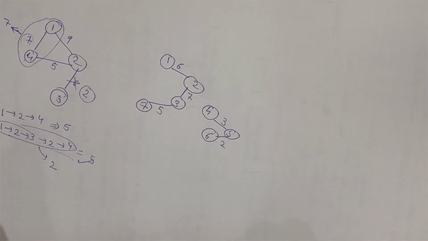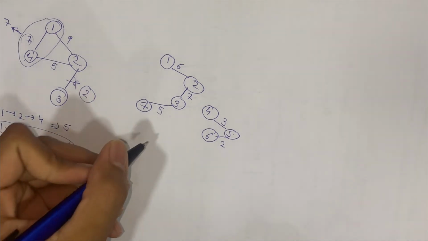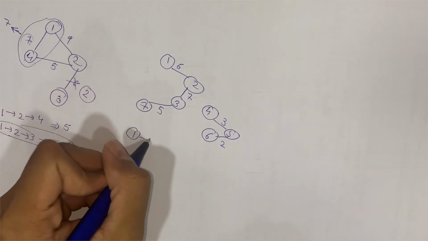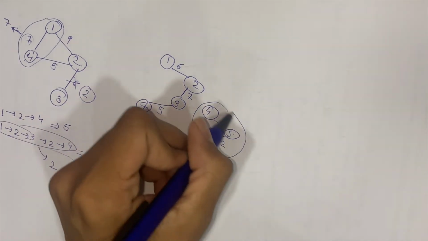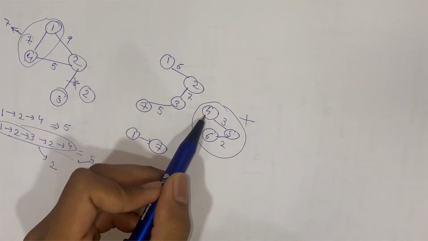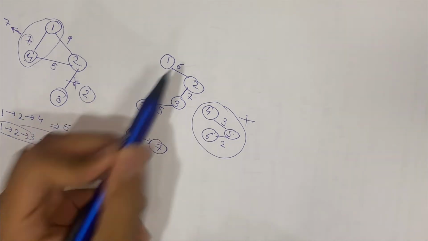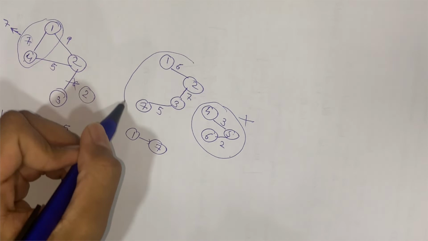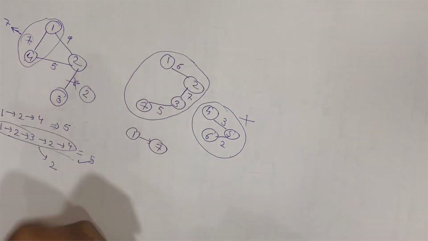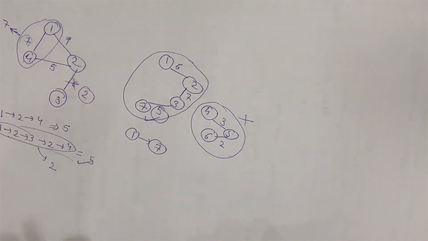So in this case, we have to find the score between 1 and 7. So we won't look at this component because this component is not connected to 1. We will only search for the minimum distance in this graph only. So the answer would be 5.